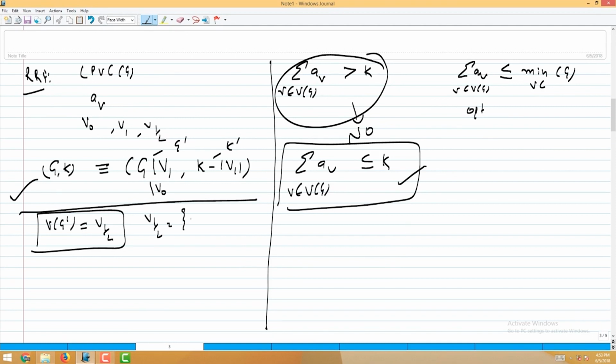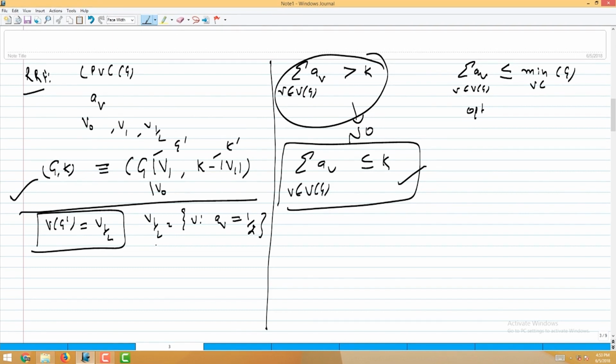Now let's come back to this. We have reduced our graph so that we only have V half vertices, right? Then how many vertices can there be in V half if this is the case? Can there be more than 2K vertices in V half? Note that the set V half was all the vertices which got value equal to half.